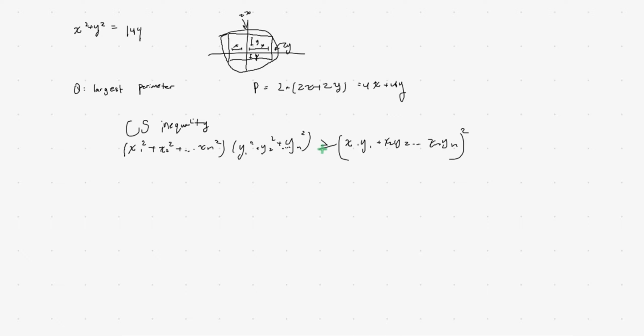And this only has equality when x1 over y1 equals x2 over y2 and so on. And if it doesn't satisfy this condition, it'll always be greater than this part over here.